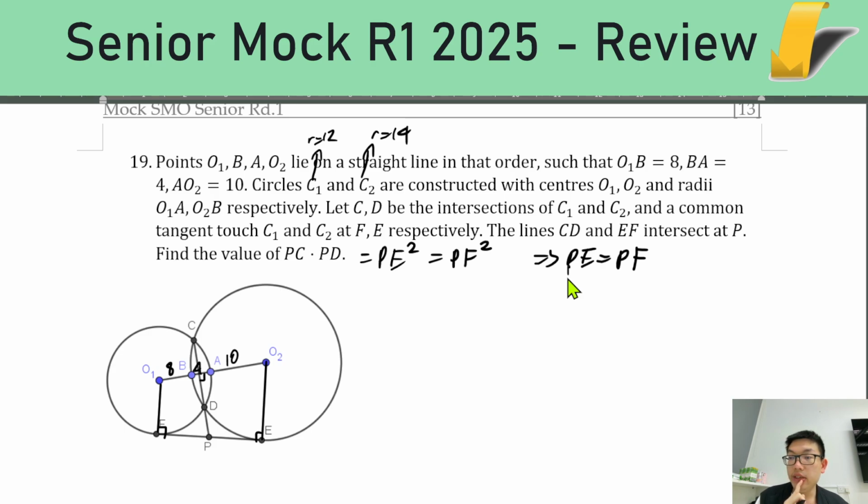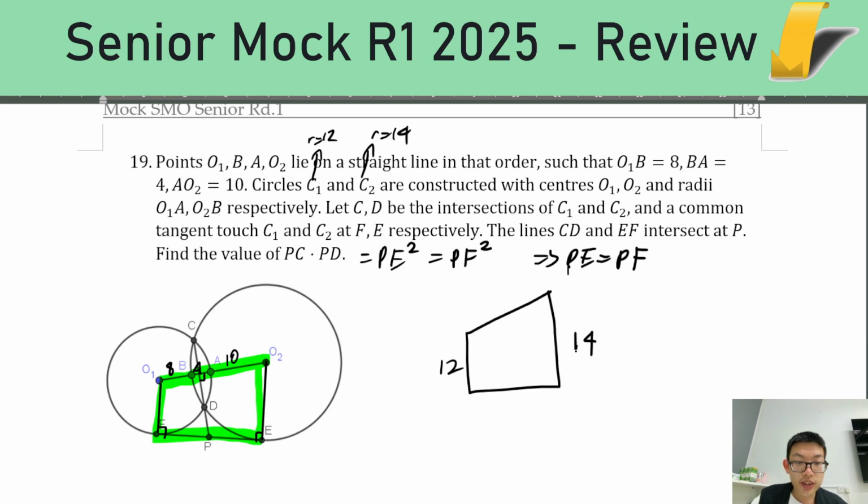However, I still need to decide how to do it in terms of finding PE and PF. So what I'm going to use is not that complicated. I'm just going to use the fact that this is a right-angled trapezium. And a right-angled trapezium, you've got more than enough information. If I just pluck it out, this is 12, 14, and 8 plus 4 plus 10 is 22.